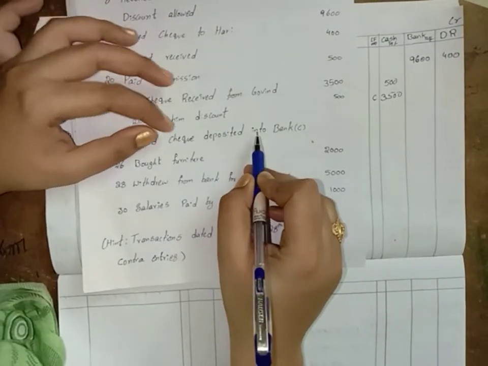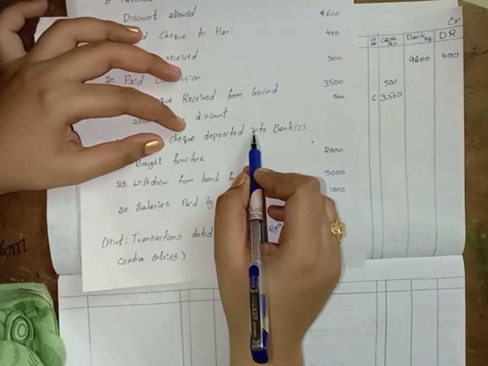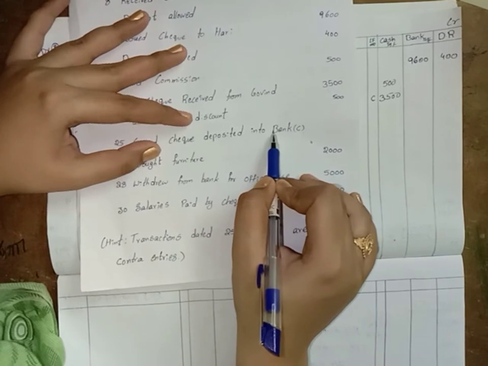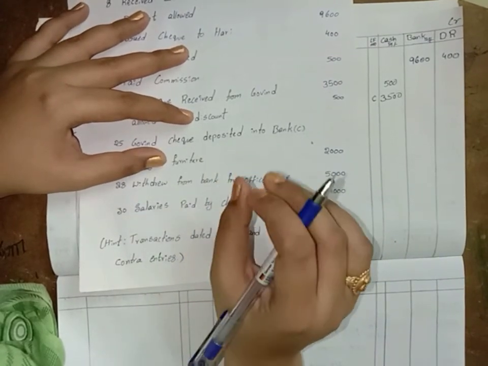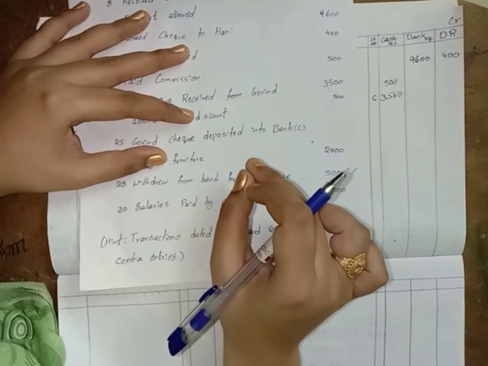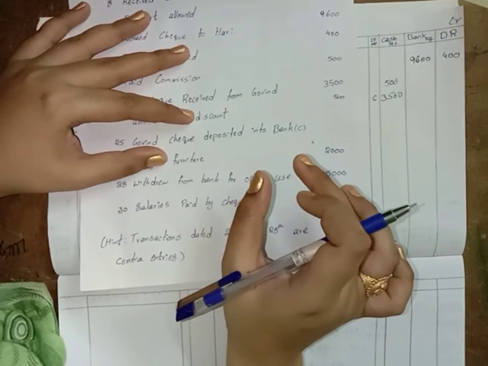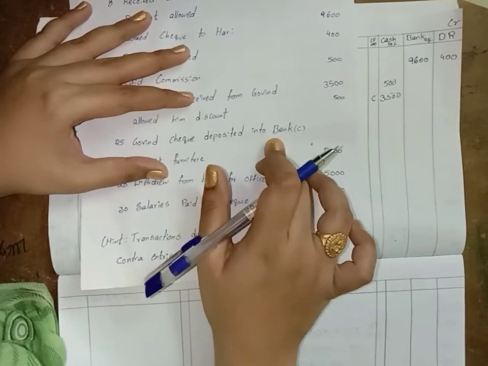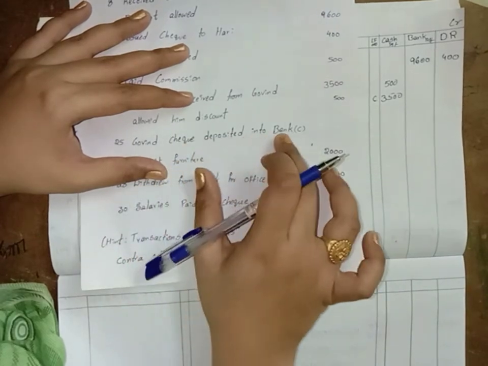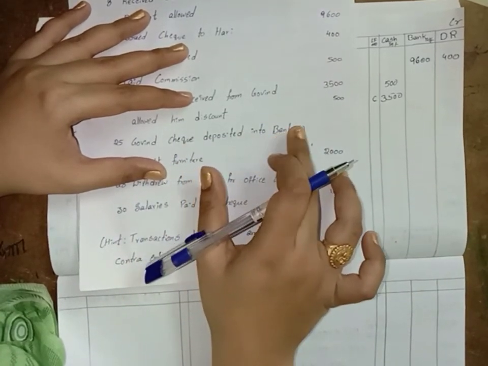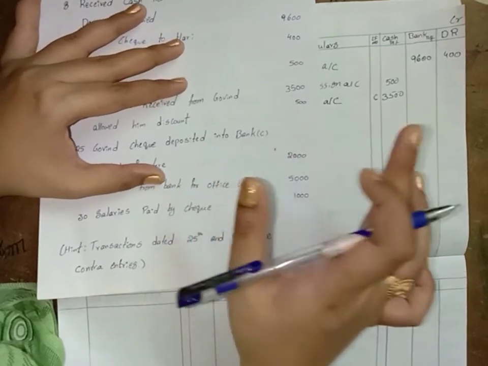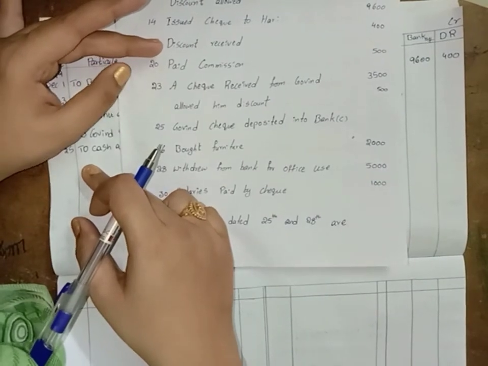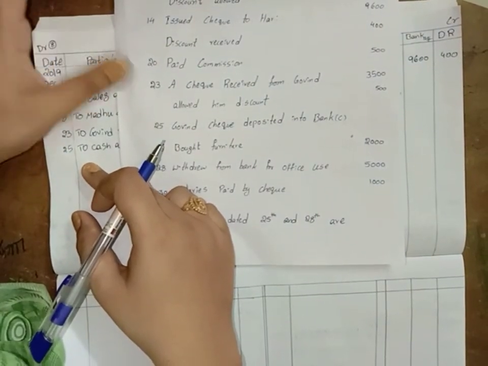When both cash and bank appear in a journal entry, on the debit or credit side, that type of entry is called a contra entry. Bank account debtor to cash account: we write bank account and enter the amount in cash column, and we write to cash account and enter the amount in bank column.